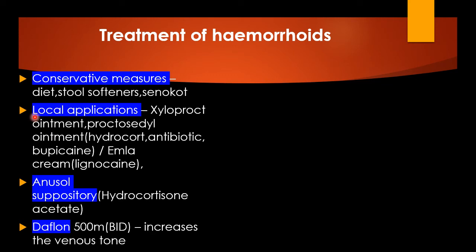If there's prolapse or thrombosis, then local applications may be of help. Xylopox ointment is a local anesthetic ointment. Proctosidil ointment, which is a combination of steroid, hydrocort, antibiotic, and local anesthetic. And Elma cream. This is a lignocaine ointment, which is a local anesthetic.